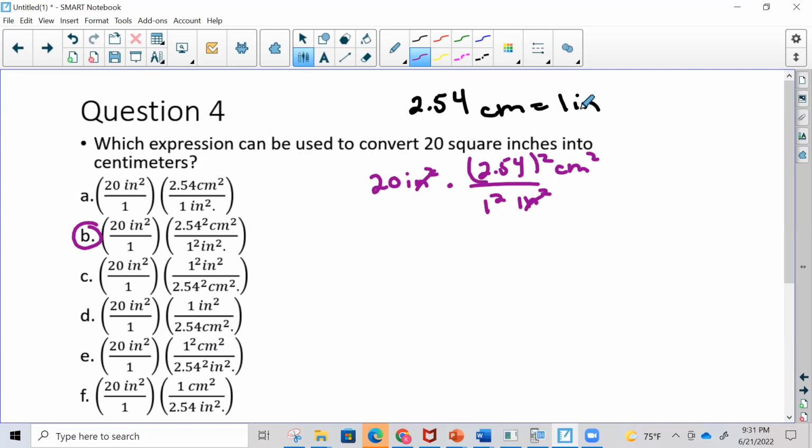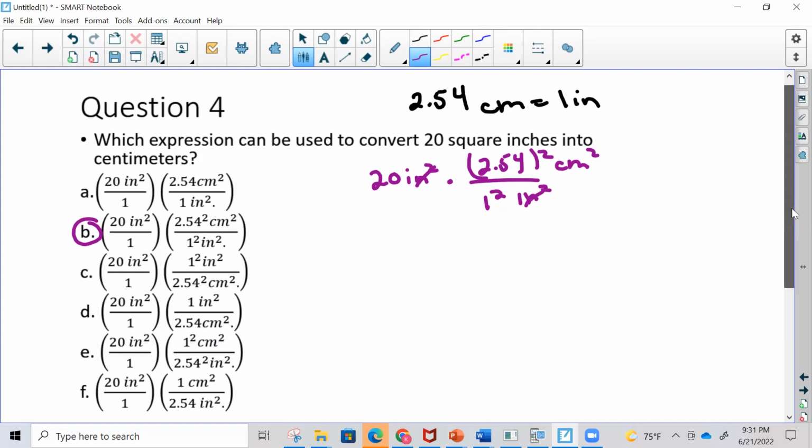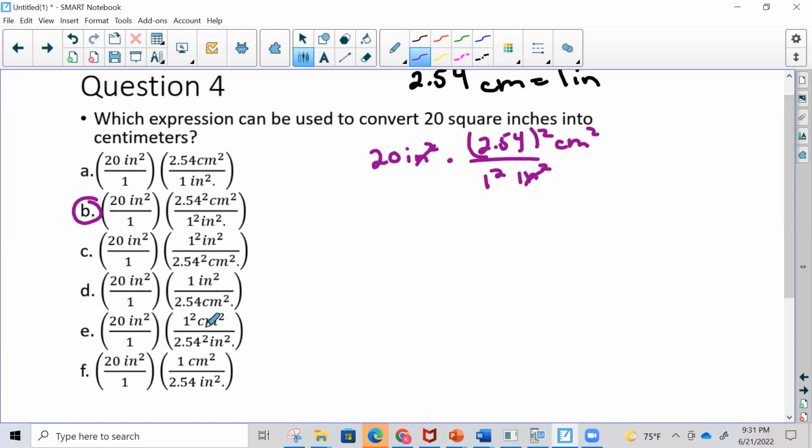They have 1 centimeter equals 2.54 inches, but that's not the conversion factor, so they have the wrong conversion factor. And this one, again, the numbers are not squared, and they have the wrong conversion factor, so it would be B. A lot of them on the homework are like that. Just be careful and pay attention to it. So that's the two-dimensional ones, and then we'll talk about the 3-dimensional in a different video.